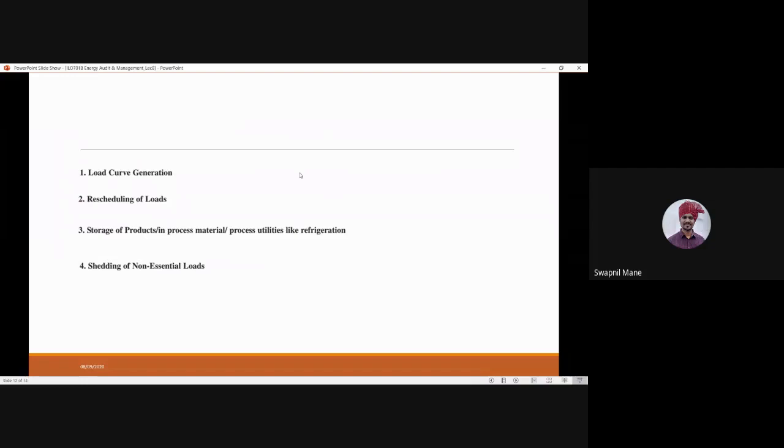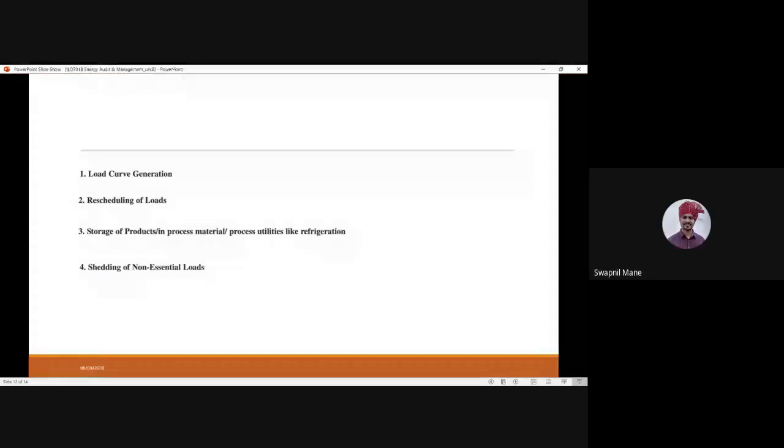It will say that from 9 to 10 mechanical is having a practical, so it will suggest that you shift the instrumentation department practical to 11 to 12, so that there will be a constant load and no peak load at that particular time. Understood this example, Sahil? Yes, sir. Understood this, everyone?